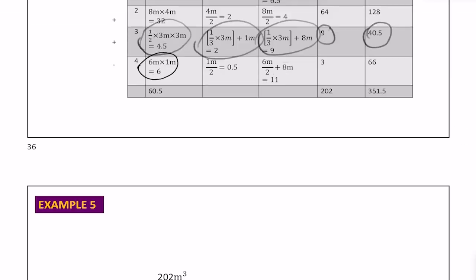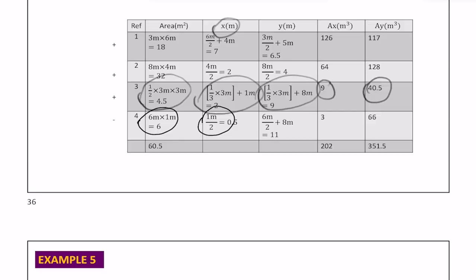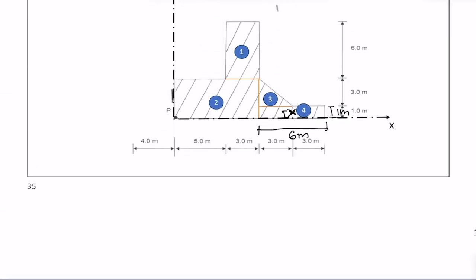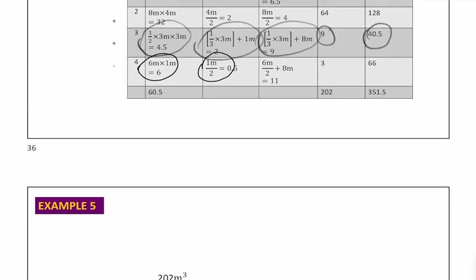Therefore, 1 meter divided with 2. Next, we need to find the y bar. The y bar will be the centroid to the y-axis. Up until here, this will be 6 meter divided with 2. And here will be 8 meter. 6 meter divided with 2 plus 8 meter.